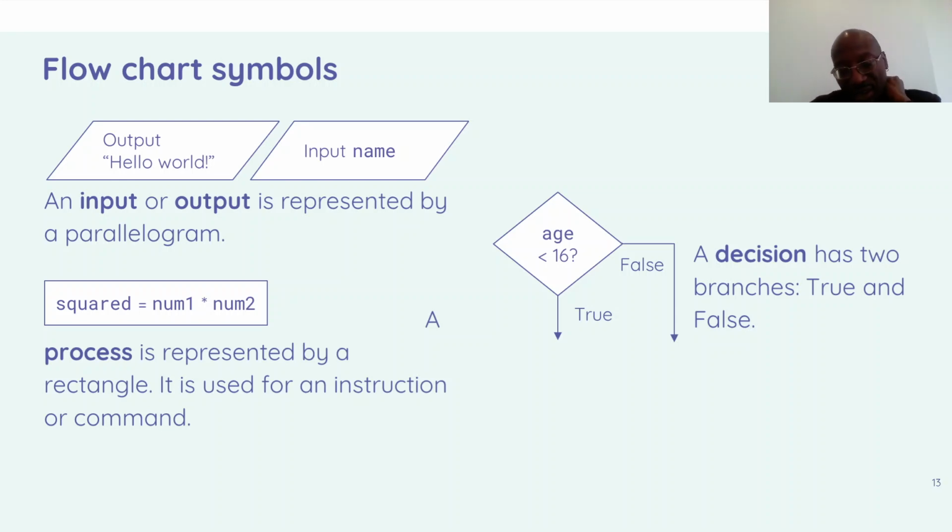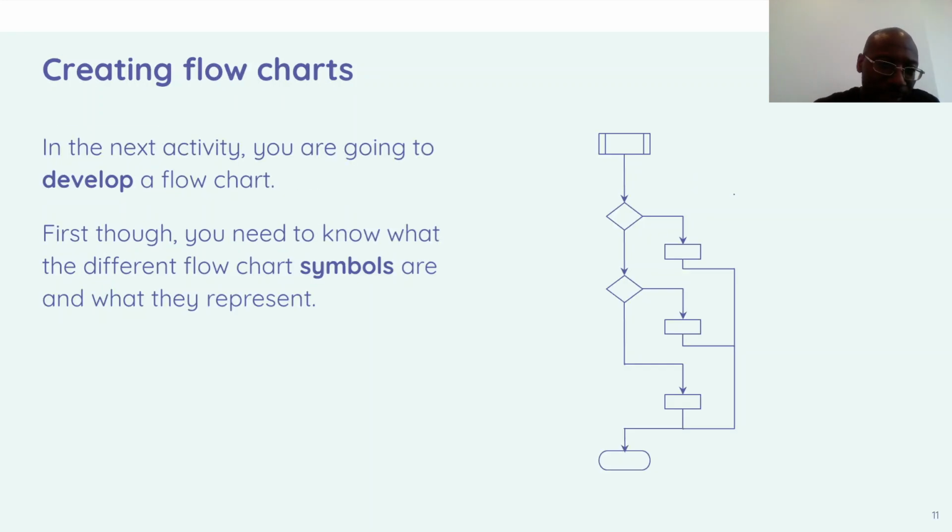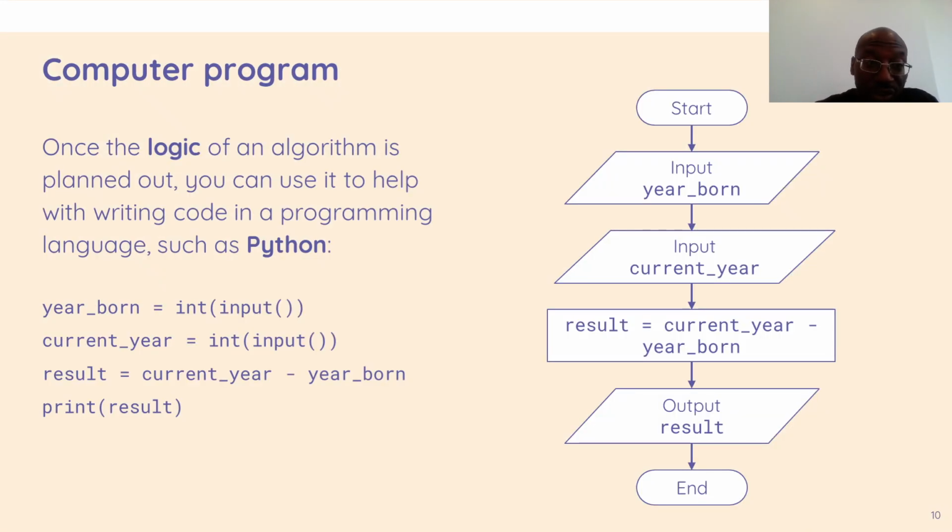And then you've got age less than 16, which is a decision. So the less than sign has been put in there. You have true or false. It's a decision. Are you going to go true, or are you going to be false? A decision has two branches, true and false. So that's a decision, that's that symbol here. Now let's go back. There are no decisions in here.